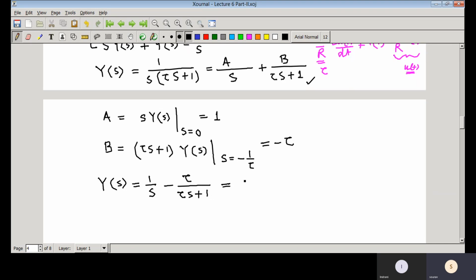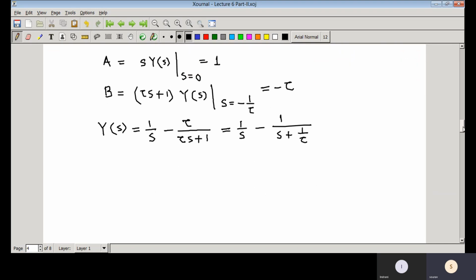So you can write it in this form, 1 by s, just divide numerator and denominator by tau, so then it will come in this form. So then apply inverse Laplace transform.